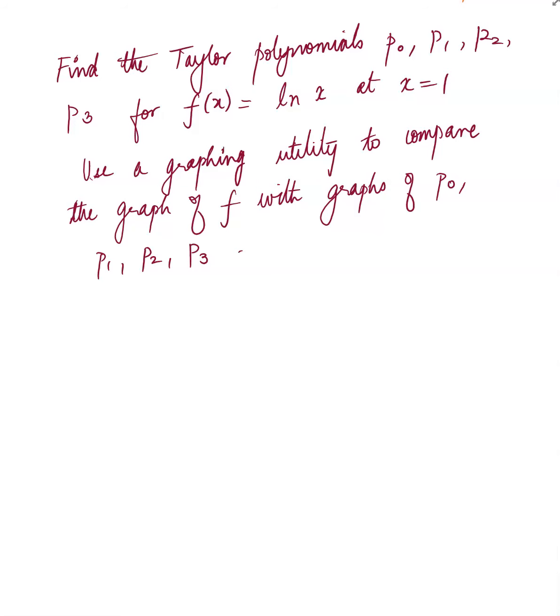Okay, so let's start with what is given. f of x is ln x. So take the first derivative, because for P0, P1, P2, and P3, at least for P3, we will need the third derivative. So we'll need to go up to the third derivative. This is 1 over x. f double prime of x.